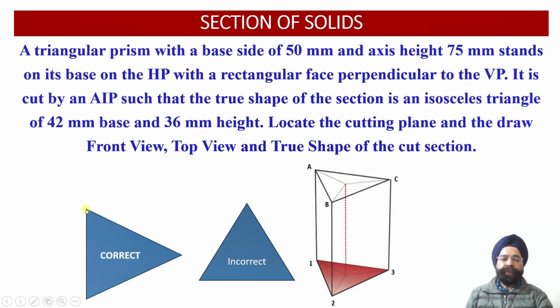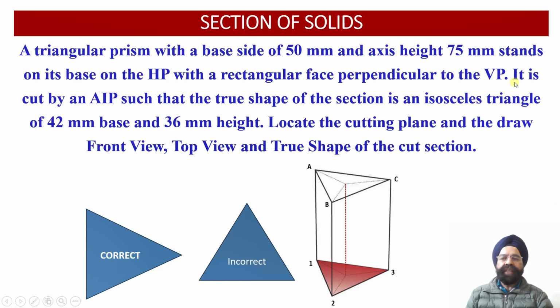Whereas if the prism is resting on its triangular base on the horizontal plane in this orientation, then we will find that this rectangular face 1, 2, BA will be perpendicular to the vertical plane over here. So this is the correct orientation of this triangular prism with respect to the two reference planes, the horizontal plane and the vertical plane.